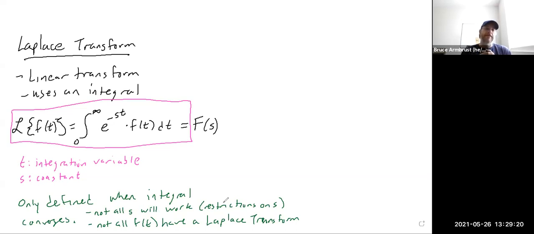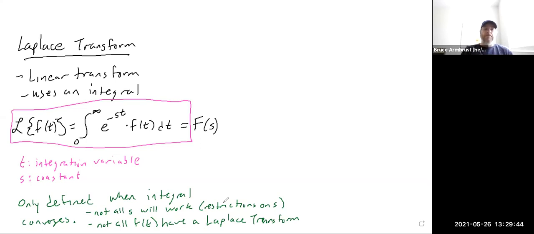They didn't always apply to everything, right? Maybe it worked on a subspace of a given space. Well, it's the same kind of thing here. We're not going to be able to do this to everything, but we're going to be able to do it to anything where this integral actually converges, where we get a finite value.